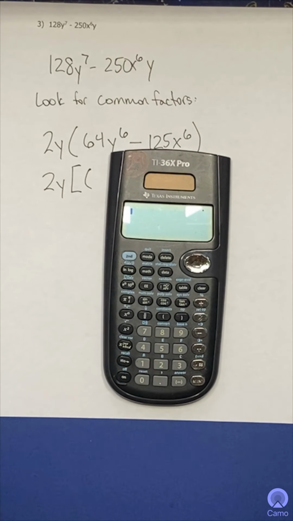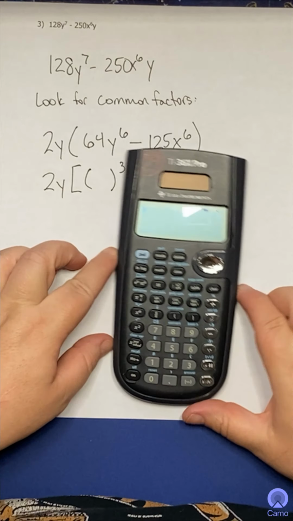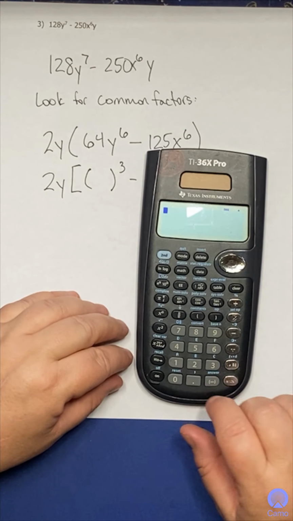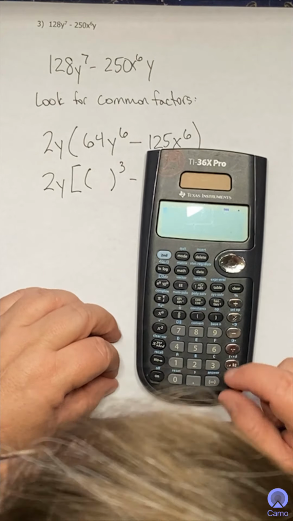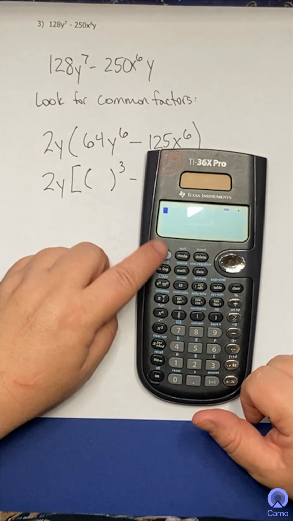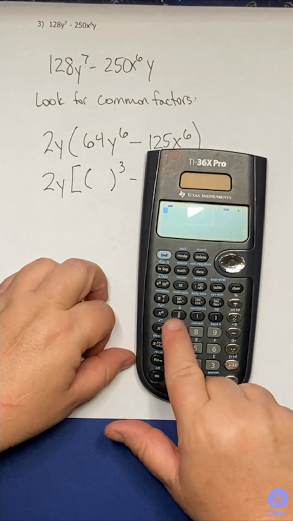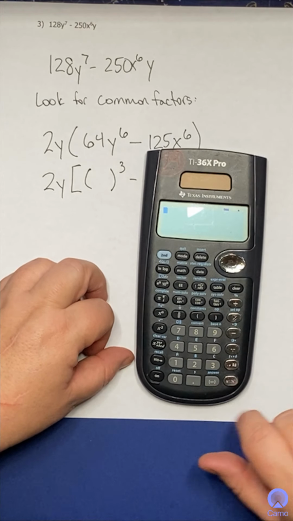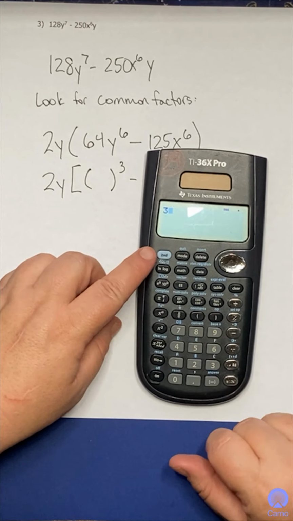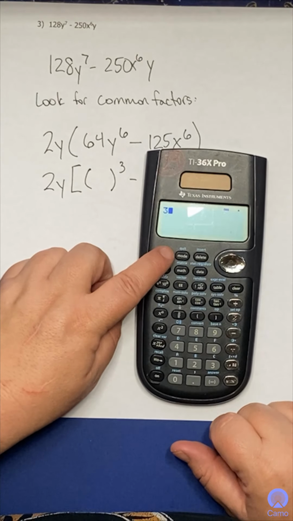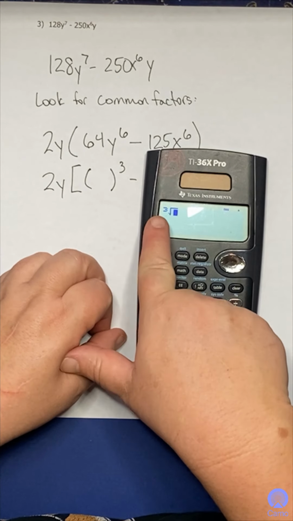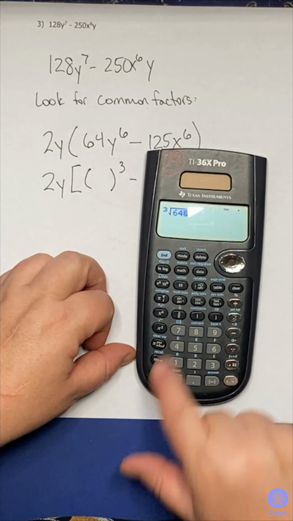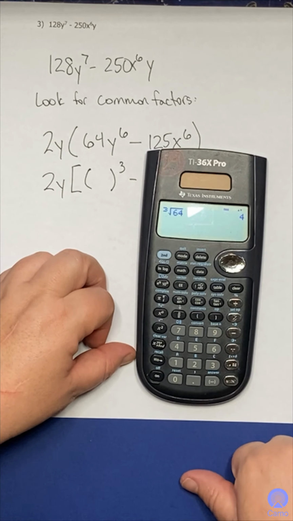So on my calculator, if I'm not sure, let me see if I can remember how to do this. If I want to do cube root, I think I do second, and then this key. Oh, I lied. I do 3. Sorry, I forgot the 3. So cube root, second, get into this one. So the cube root of 64 gives me 4.